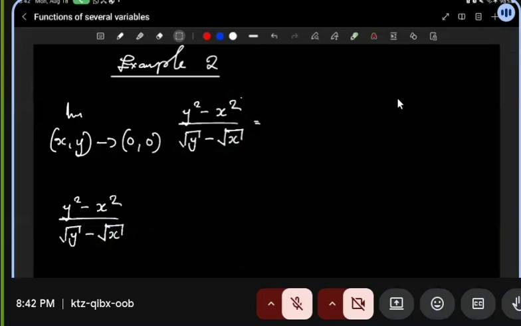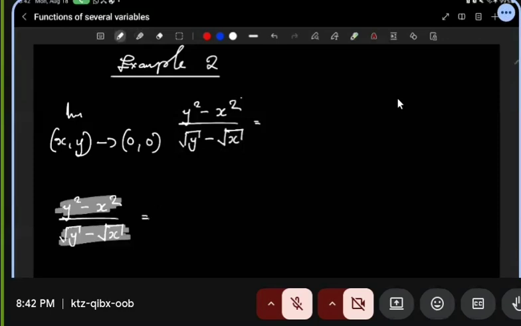There are two things you should observe here. There are square roots in the denominator, so first you can consider rationalizing that denominator, as in just getting rid of those square roots. Another thing you should observe is that the numerator is made up of a difference of two squares. So that implies that you can actually split them.